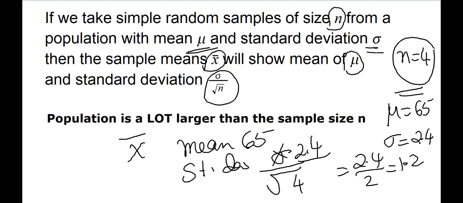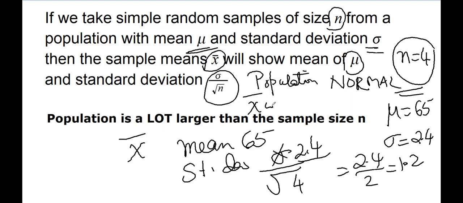Other important points to note are these. If the population has a normal distribution, then the sample means x bars will also have a normal distribution.